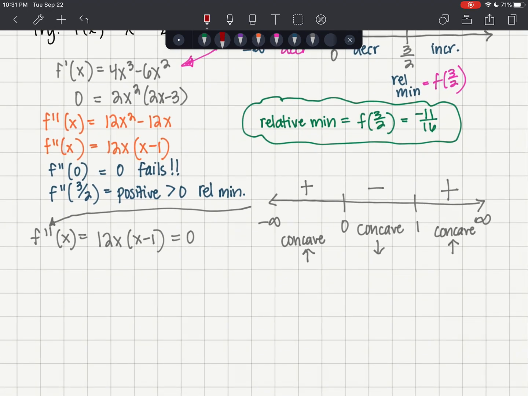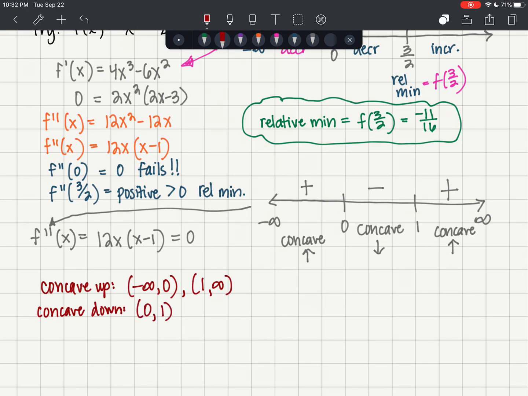So our concavity, fun stuff happening here, concave upward from negative infinity to 0 and then 1 to infinity, and then concave downward from 0 to 1.